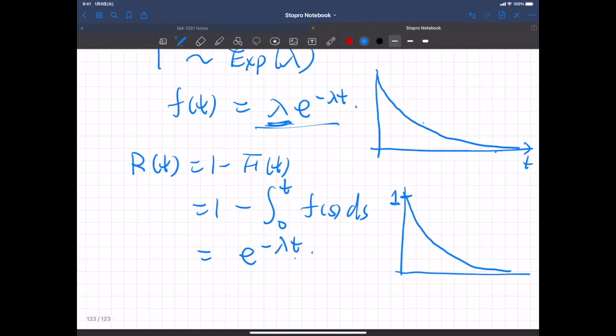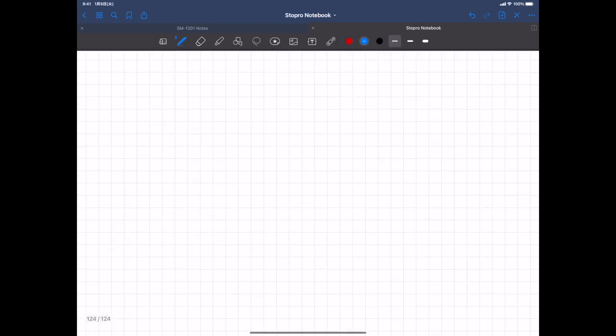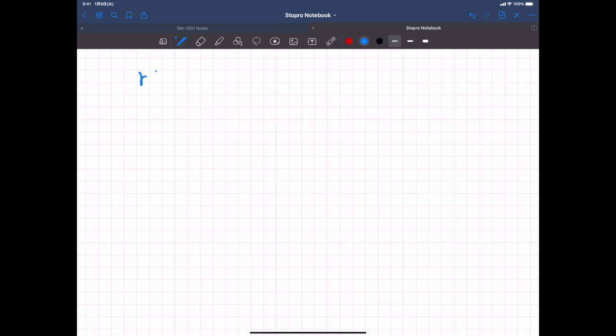Okay, anyway, and also the failure function, lowercase r of t, is given by, now we have the density function given, and the reliability function is calculated. So if you take the ratio, then you get just a constant lambda.